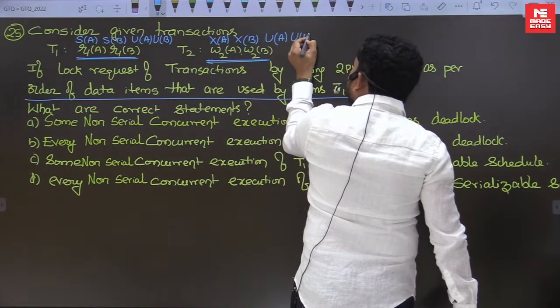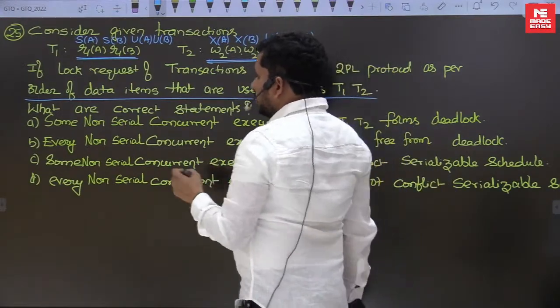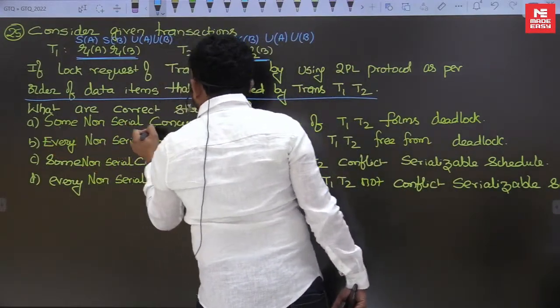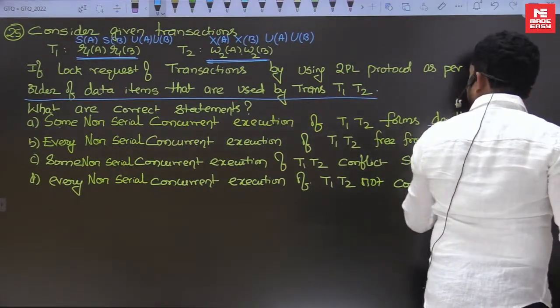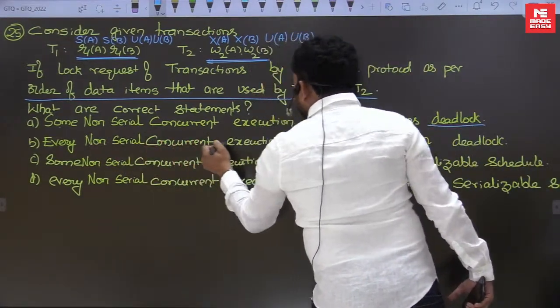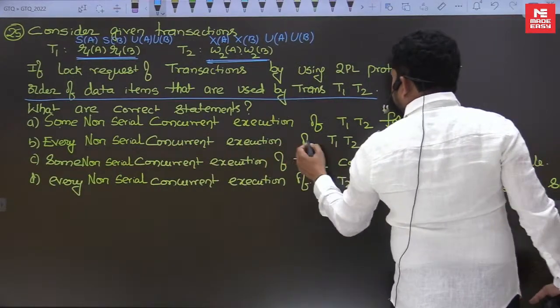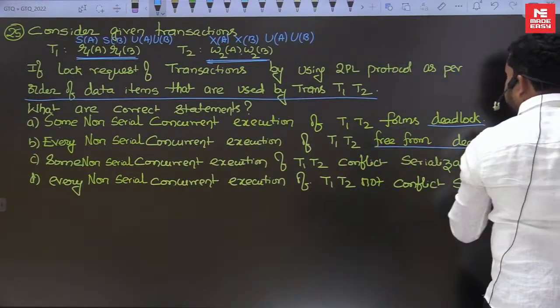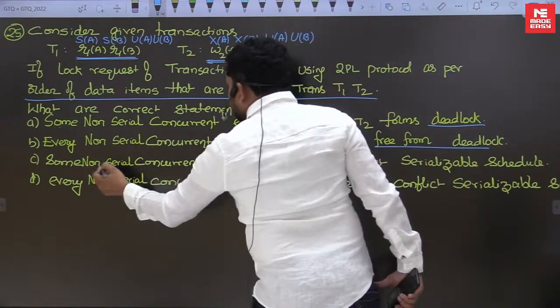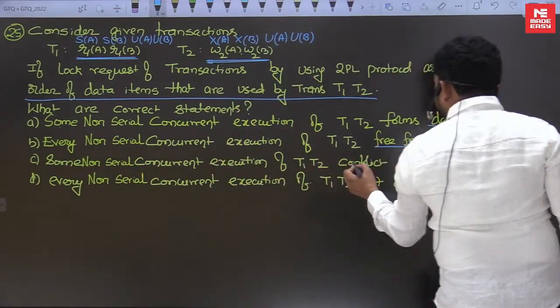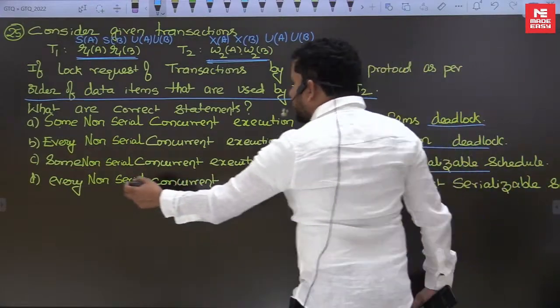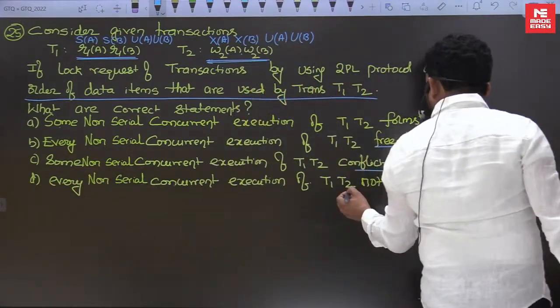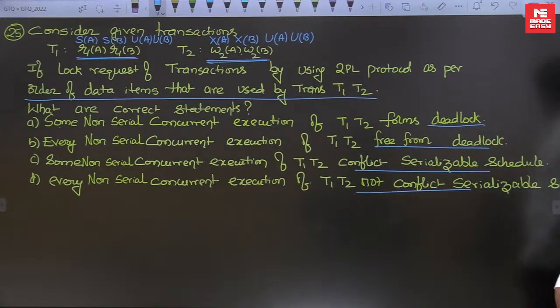If this is the scenario, the options are: some non-serial concurrent execution of T1 and T2 forms a deadlock; every non-serial execution of T1 and T2 is free from deadlock; some non-serial concurrent execution of T1 and T2 is conflict serializable; every non-serial concurrent execution is not conflict serializable.